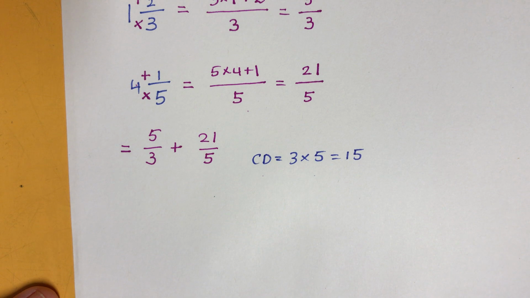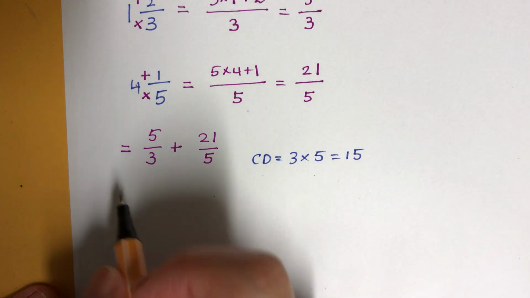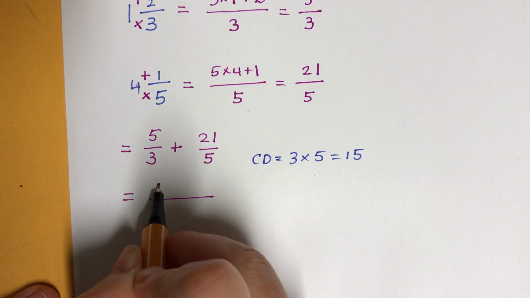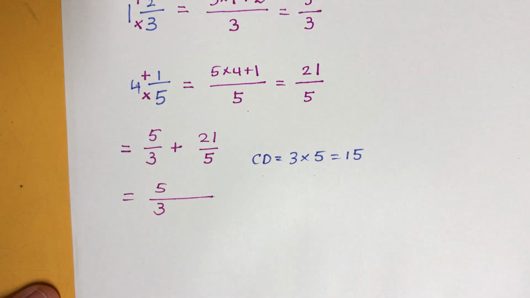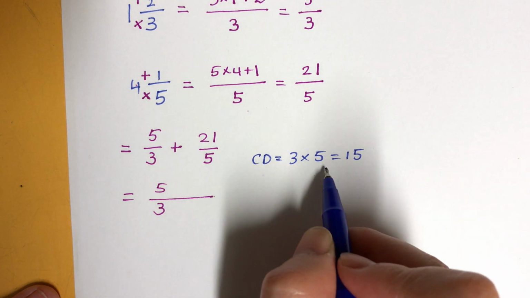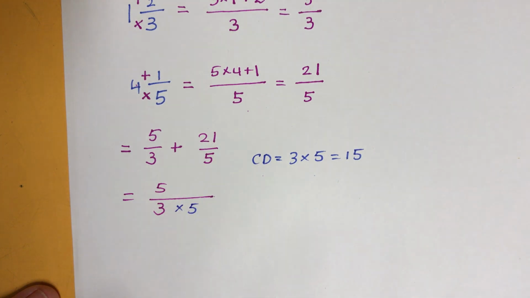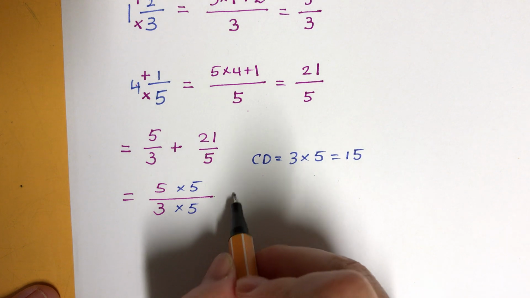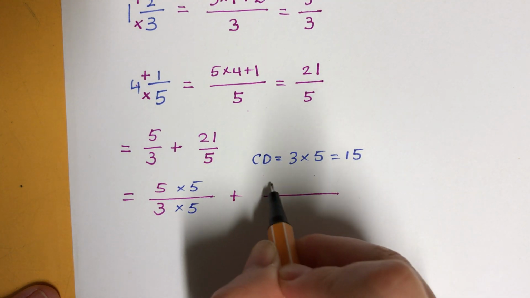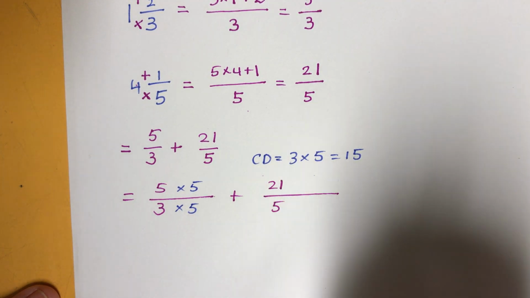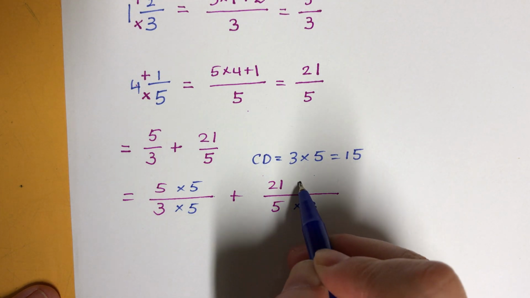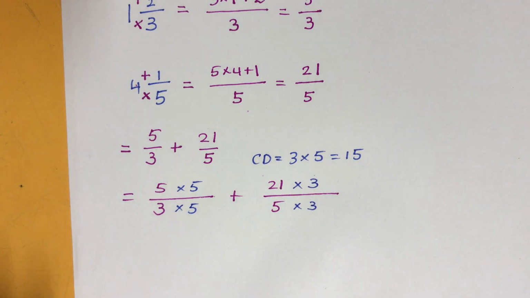So I'm going to do the change now. 5, 3, and 3 times 5 will make 15. So I'm going to do 5 on the top here, and 21 over 5, and then I'm going to times by 3 to make 15, and I'm going to do the same thing on the top.